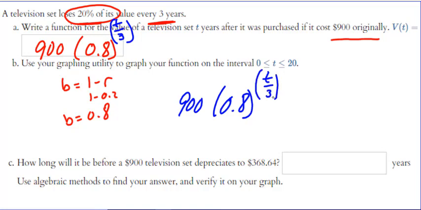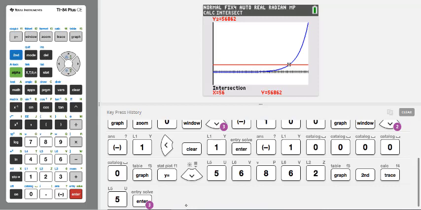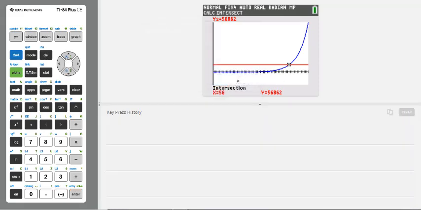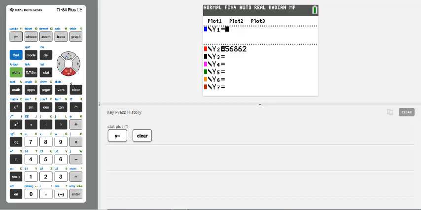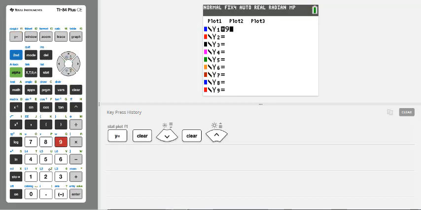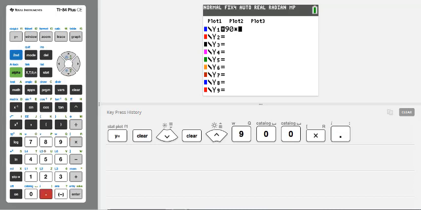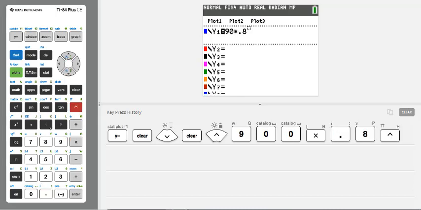Okay. Now, T has to be input years and output is how much it's worth. So how long before a $900 TV depreciates to $368.64. So it's just like the previous problem, except it's a decay. So let's clear this. Y equals 900 times 0.8 raised to the parentheses x divided by 3.